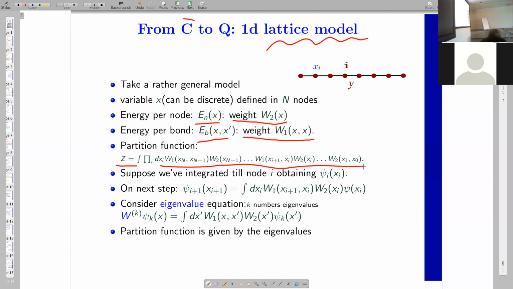And now the crucial thing is to recall that I can make a Schrödinger equation out of that. So I would swallow this sushi roll slice by slice. I got till slice i. At the next step, I can obtain the function by applying these two integral kernels, bond energy and site energy.